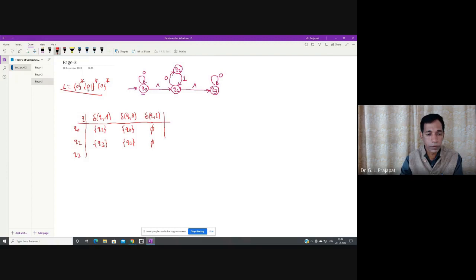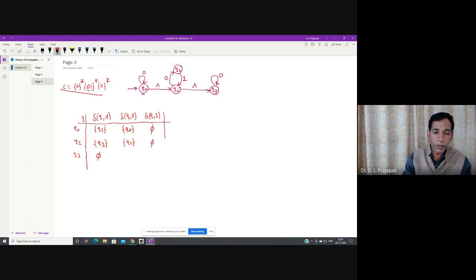Now consider the state Q2. Whenever you are at the state Q2, you don't have a null transition, which means empty.